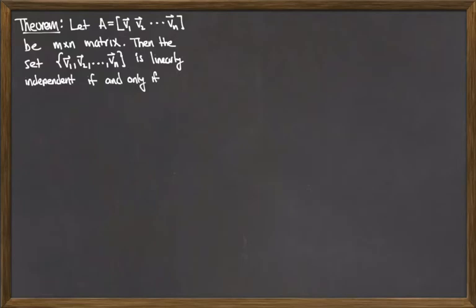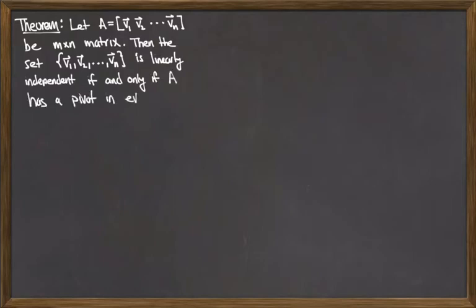So our theorem is going to give us a condition that helps us know exactly when those vectors are linearly independent. So the set of my n vectors, v1 through vn, is linearly independent if and only if the following condition is met. I want to characterize that condition in terms of the pivots of the matrix A, the pivot positions.